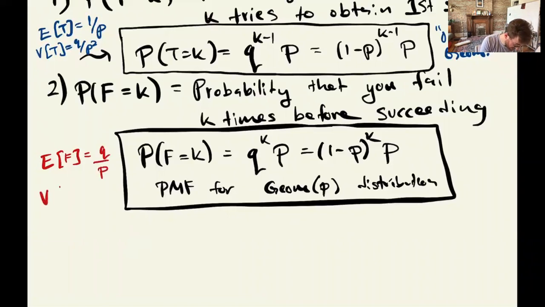And the variance here looks like the same thing, q over p squared, which makes perfect sense because variance measures deviation about the mean squared. And so if you shift everything up or down by a single unit, it's not going to change anything. This kind of fits into our understanding of linearity of expectation.